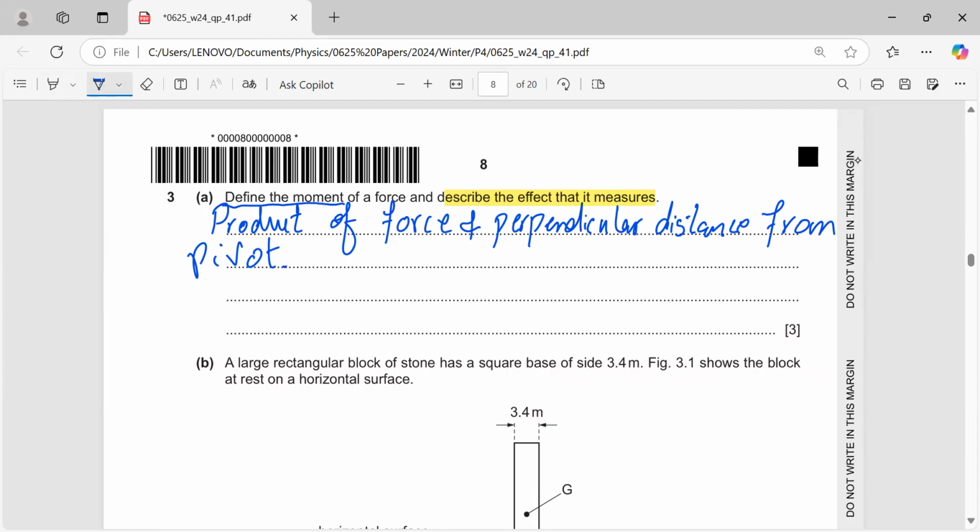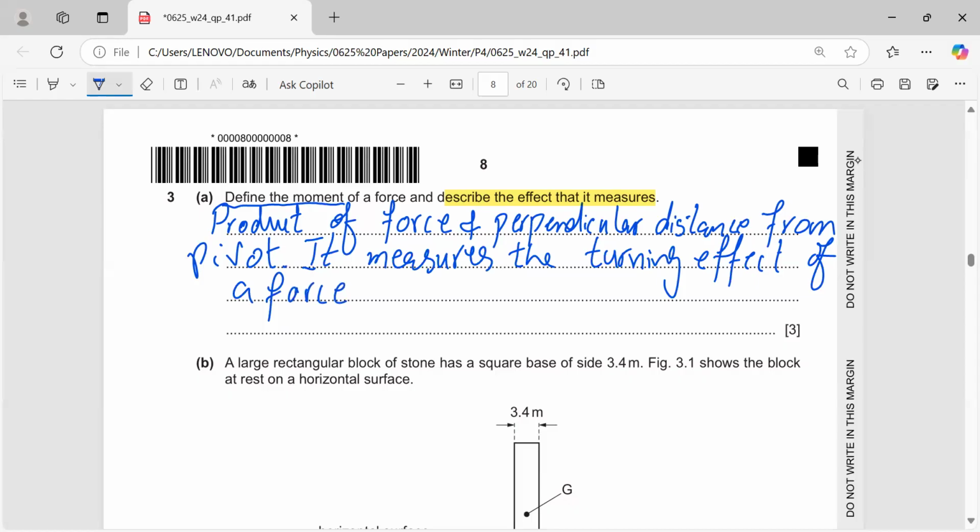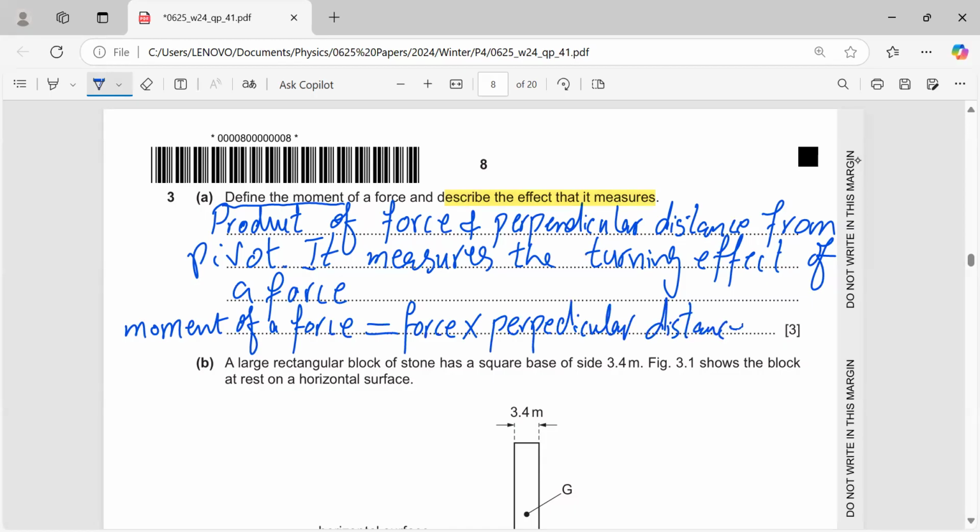You can add that it measures the turning effect of a force, and to measure it you can write the equation: moment of a force is equal to force multiplied by the perpendicular distance from the pivot.